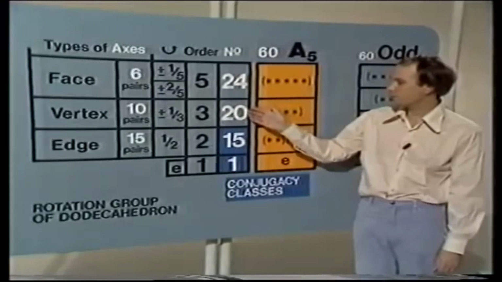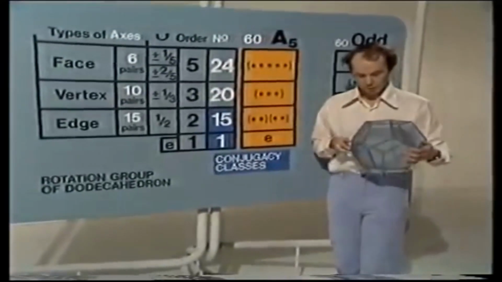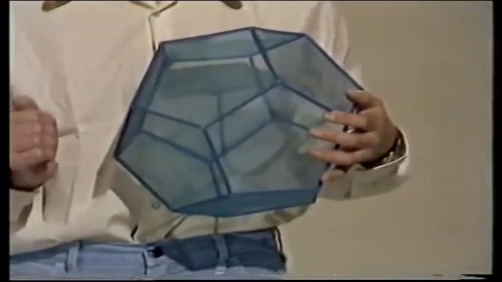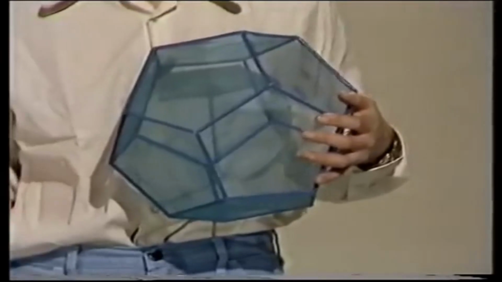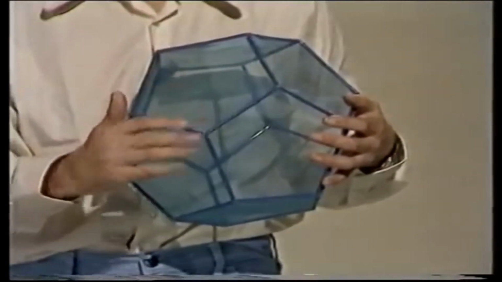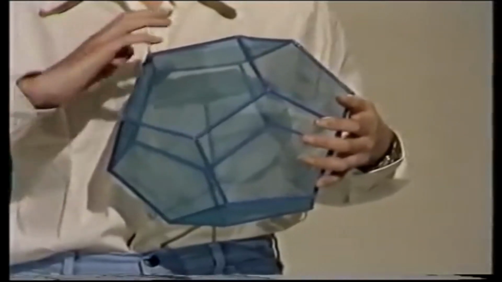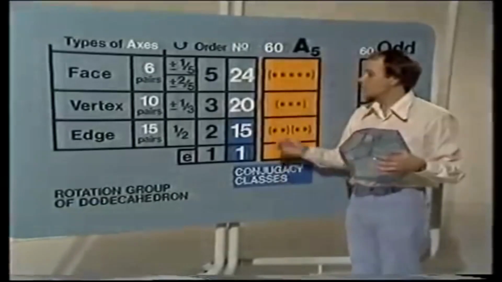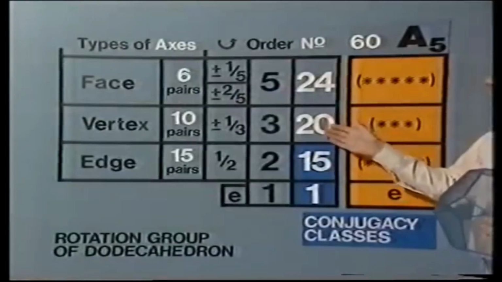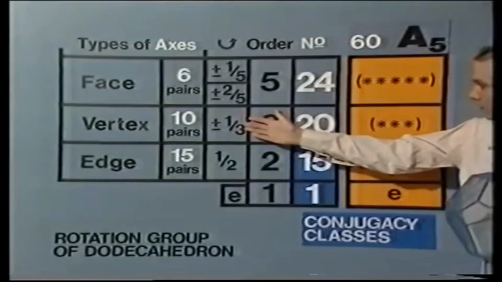Let's take vertex rotations next. The first question is, can we get from a vertex to any other vertex using a direct symmetry k inverse? And clearly we can. So, if the angles of rotation are the same, any two vertex axis rotations will be conjugate. They'll be the same operation, but done in a different place. So it looks as if the vertex rotations might fall into two conjugacy classes because there are two angles of rotation.